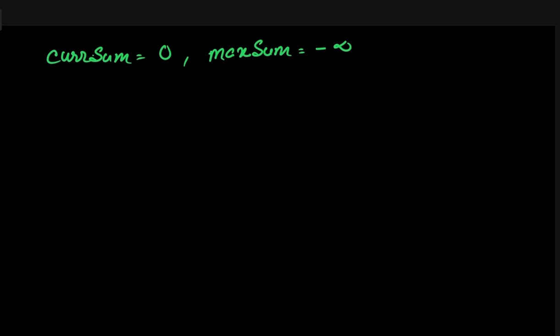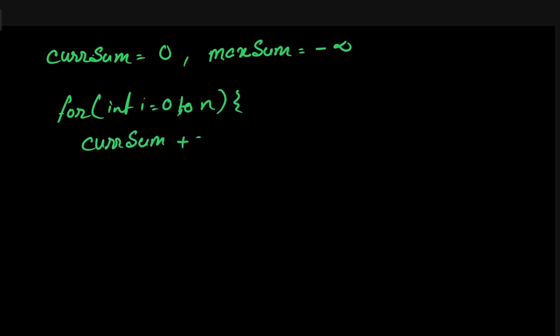Then we will write a for loop, int i equal to 0 to n, and every time we will do current sum plus equals array of i.